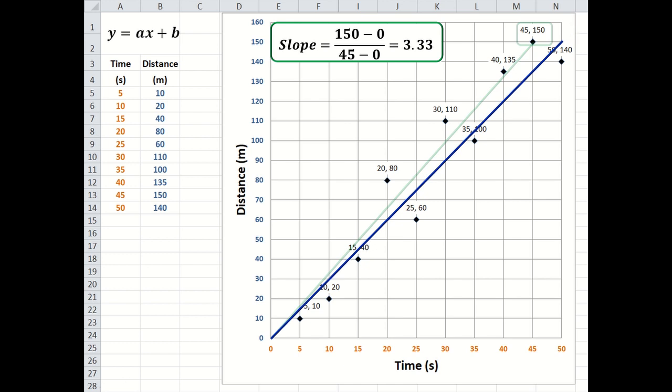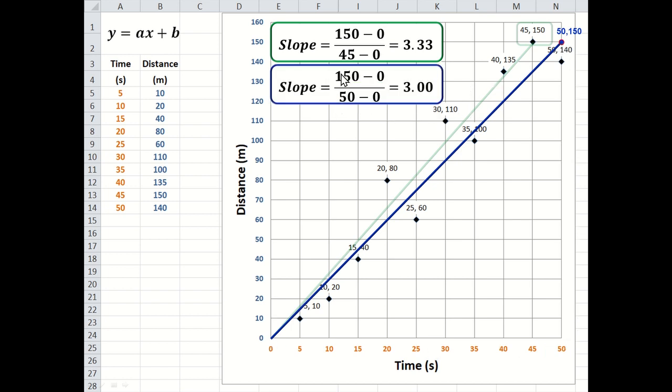Some above, some below, but just the best average. That line didn't have to go through any of the data points, but we can look right there, and there's where that line crosses nicely. It looks like it crosses at 50, 150, so we can find the slope, change in y over change in x, and that looks like how fast that car is traveling. A different answer than we got here.